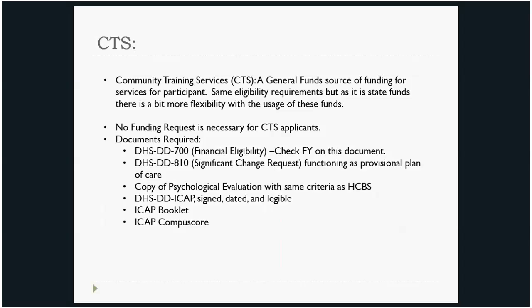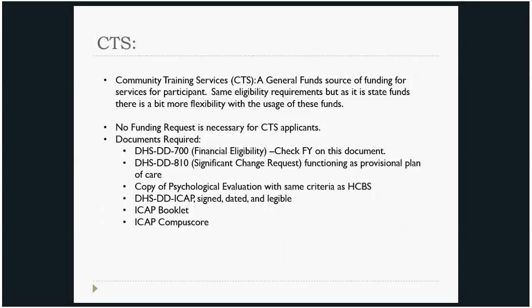So if a person is applying for CTS, there is no funding request required, but you do, however, have supporting documentation needed. So you have your 700 form, which is the financial eligibility form. You'll see a snippet of that on the next slide, but you'll want to make sure to check the fiscal year on that document.